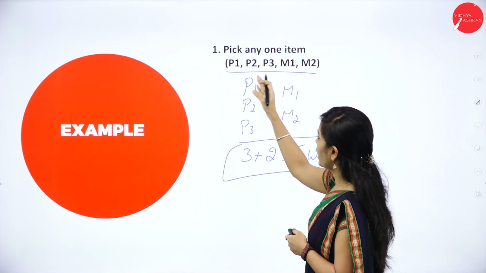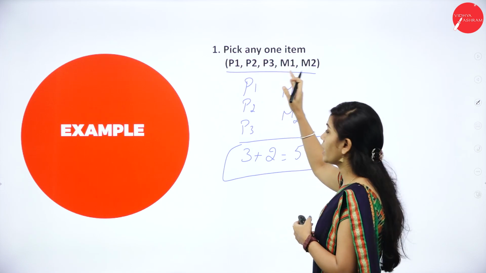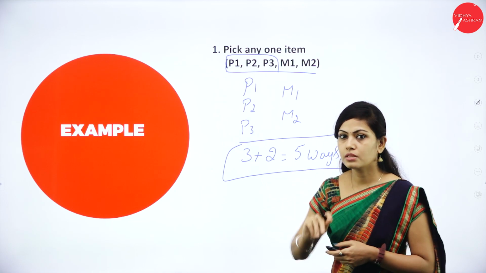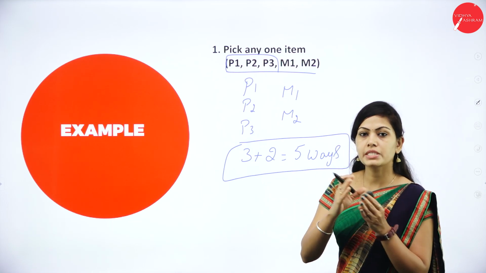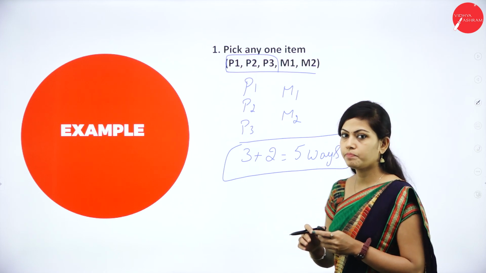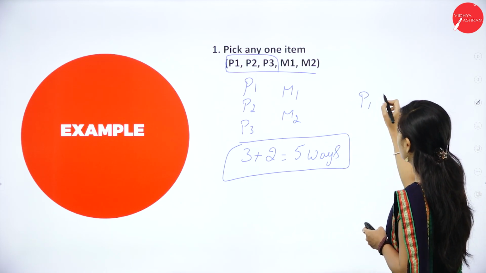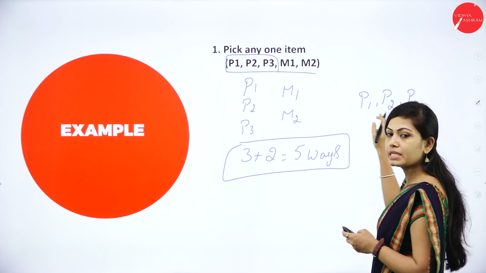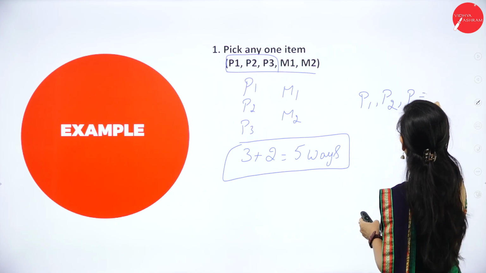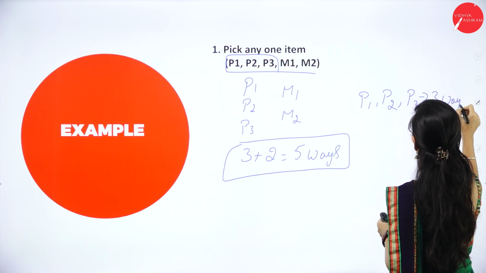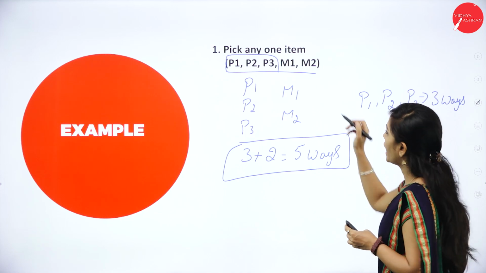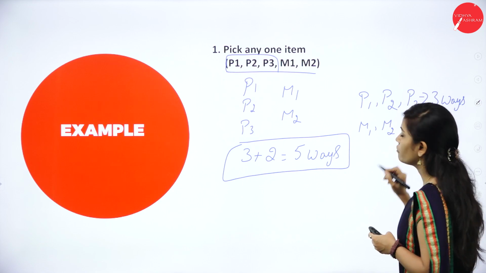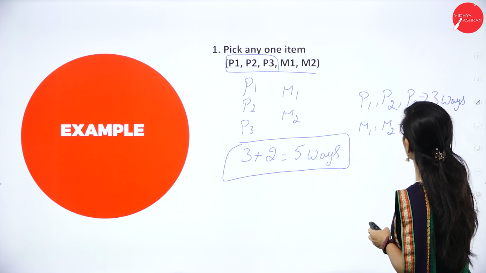So here you have P1, P2, P3, M1 and M2. How many ways can you pick P1, P2, P3? That is 3 ways: first P1, second P2 and third P3. So you can pick the items one by one. And how many ways can you pick M1 and M2? 2 ways.